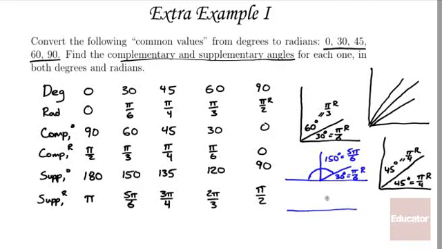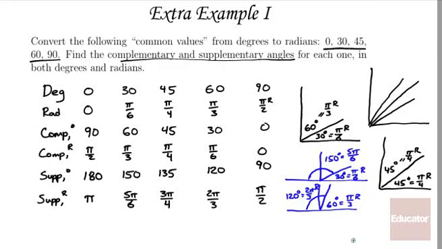If we start out with a 60-degree angle, which is pi over 3 radians, then its supplement, remember you put them together and they're supposed to make 180 degrees, or pi radians, is 120 degrees, which is 2 pi over 3 radians.